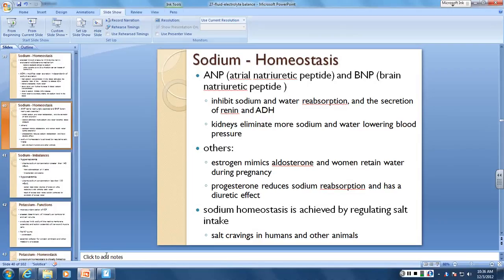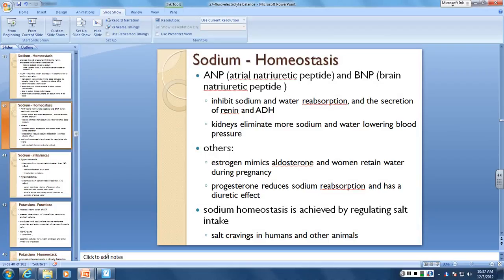A natriuretic causes you to eliminate sodium. Okay? So if you are eliminating sodium, the kidneys are getting rid of excess sodium that's in the blood. That's what the ANP does. It inhibits sodium and water reabsorption. What does that mean?